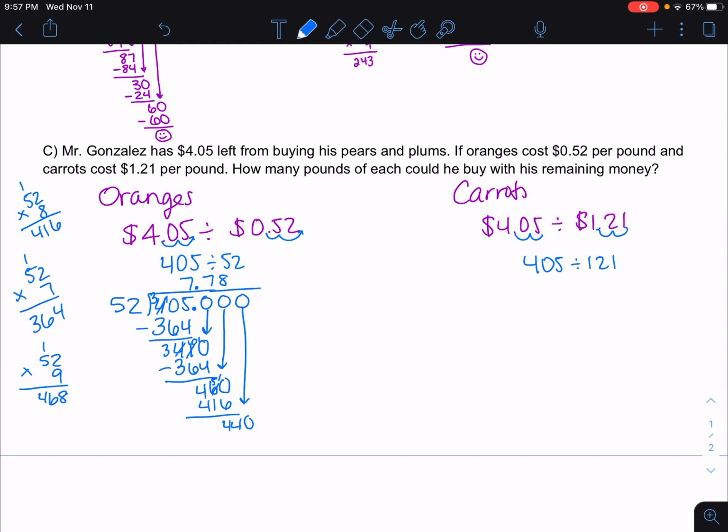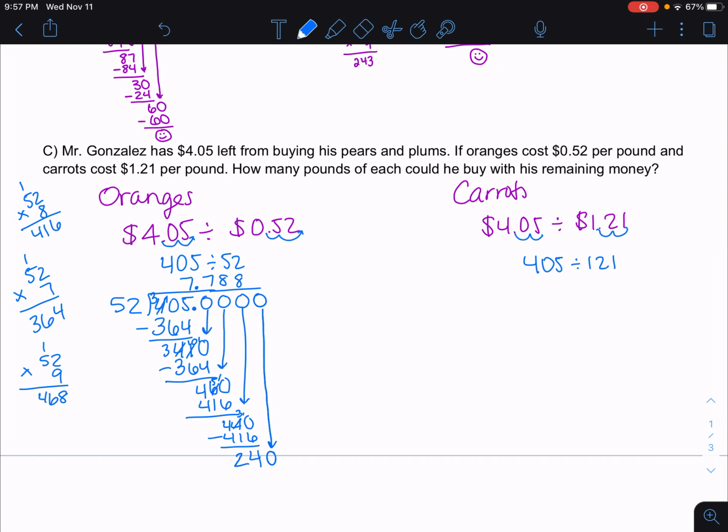468 is still too big, so I'm going to go with 8 again. So minus 416. 10 minus 6 is 4. 2, and then I'm going to add a 0.